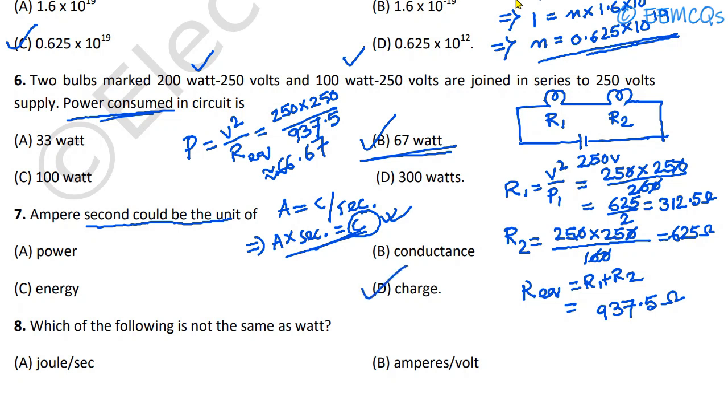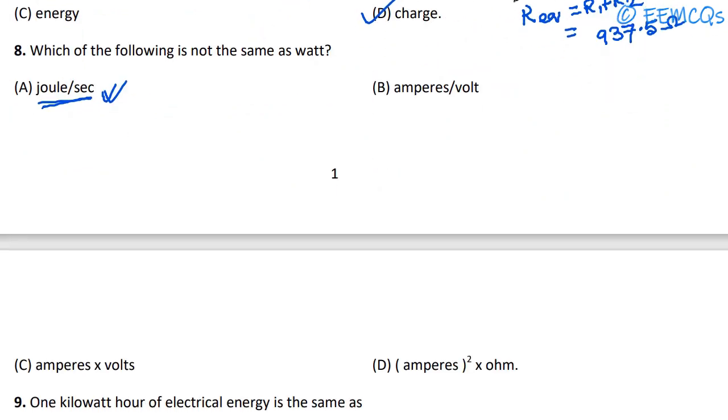Next, which of the following is not the same as watt? All of you know that joule per second, means energy per second, is basically watt. The option B is amperes per volt. Let us check other options. Ampere volts resembles P is equal to VI, that is the unit of power or watt.